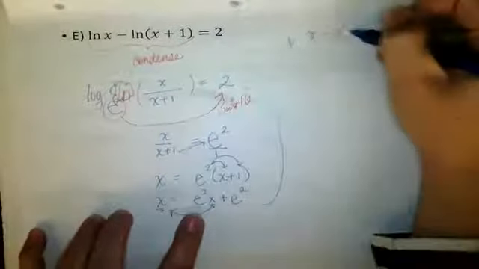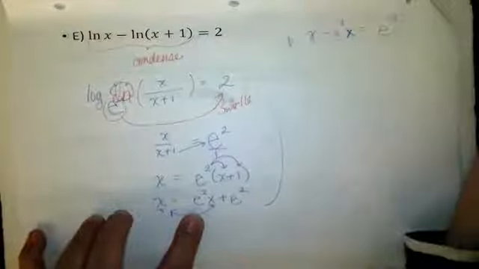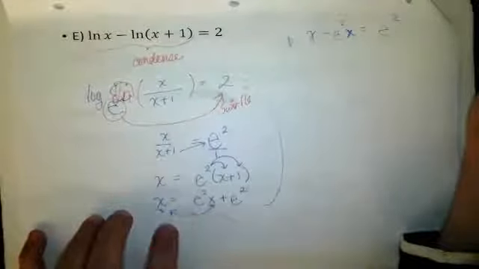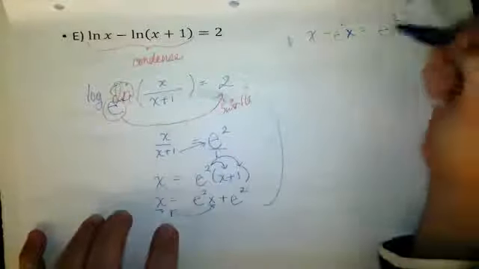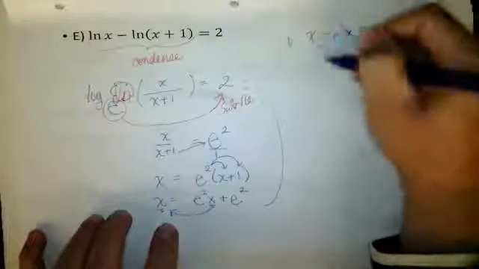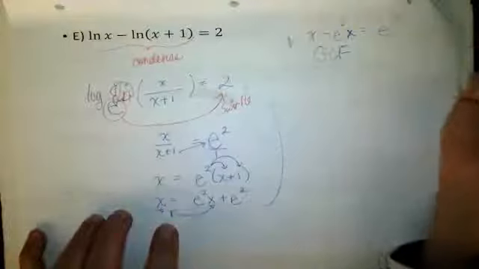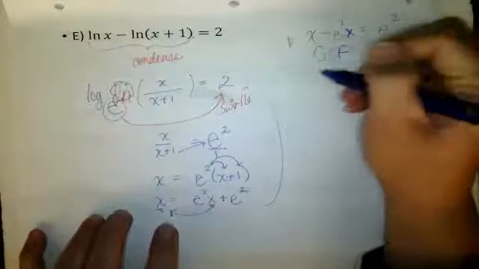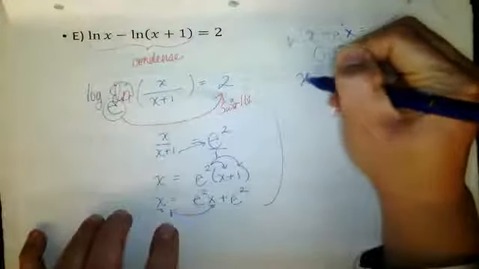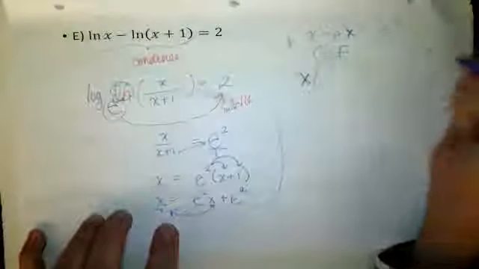Now what do you see on the left? What do they have in common? Oh, there's a GCF here. Take out the greatest common factor. You take out the x.